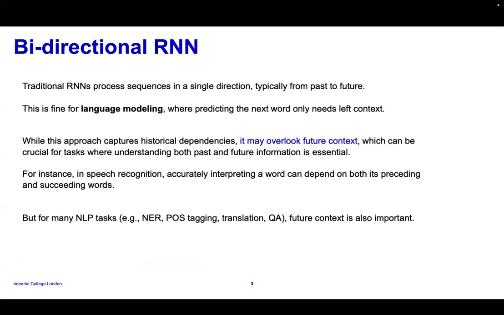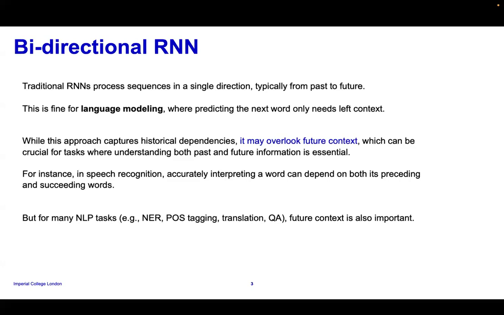We have previously seen that RNNs, which are recurrent neural networks, can be used to process sequences of information, but the information they can process goes basically in one direction.